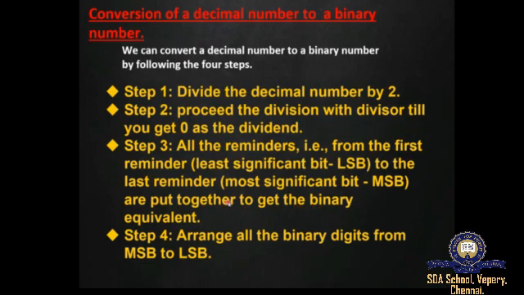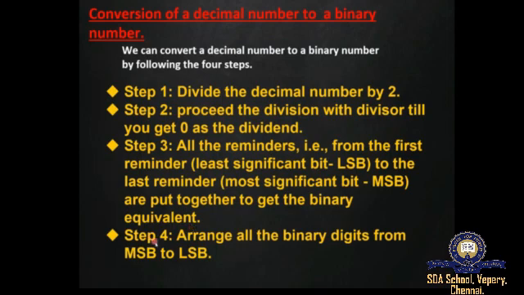If we divide the decimal number by 2, first we get the first remainder, that is the least significant bit, and after we get the dividend as 0, we get the last remainder, that is the MSB, most significant bit.